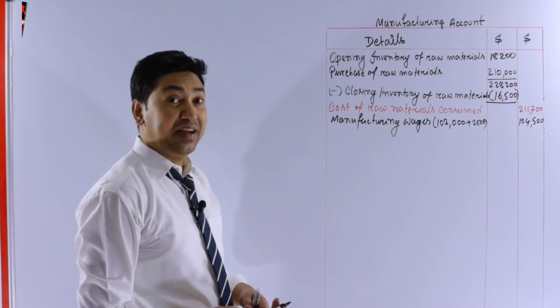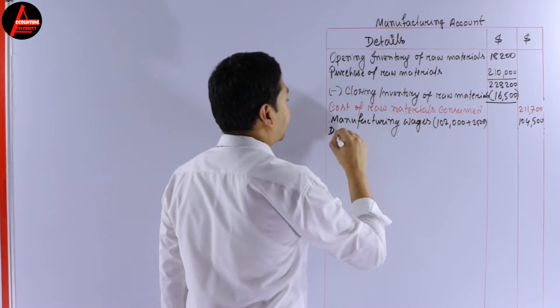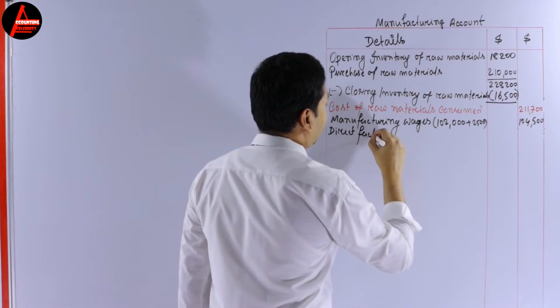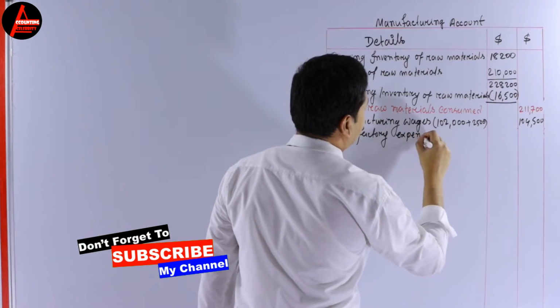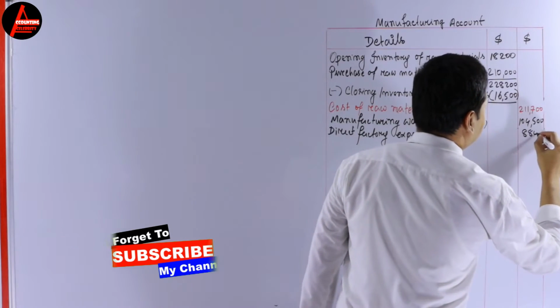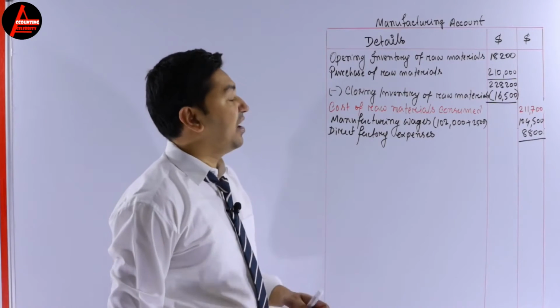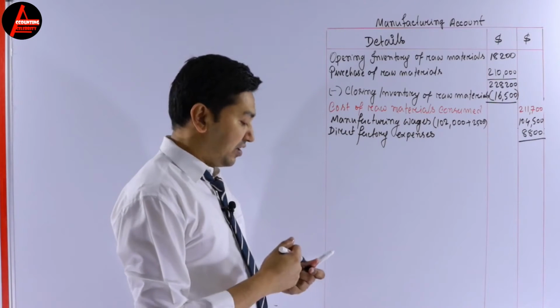Now we need to add direct factory expenses, $8,800. This is all about the items given in the question. Now if we add these three items, what is our answer?